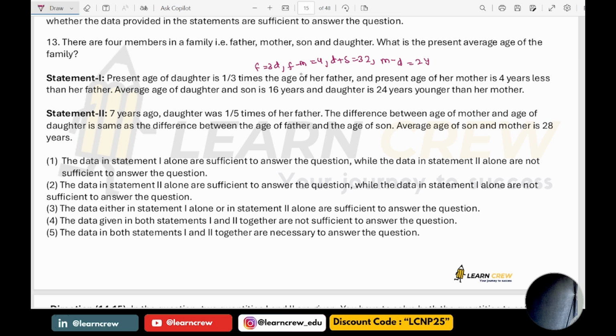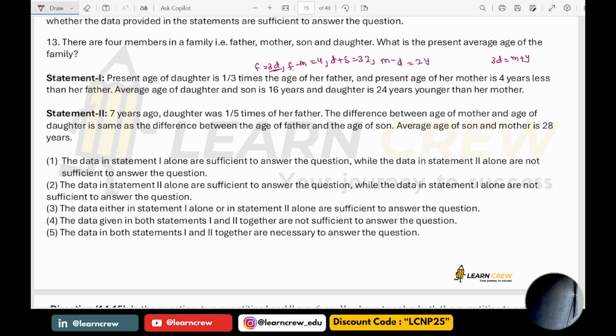Thereby, from that you will get the mother's age, because F is equal to 3D. And F is equal to M plus 4, so 3D is equal to M plus 4.